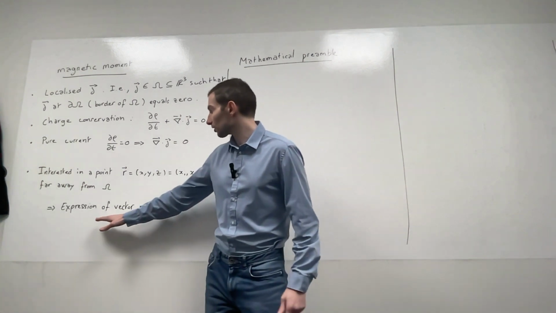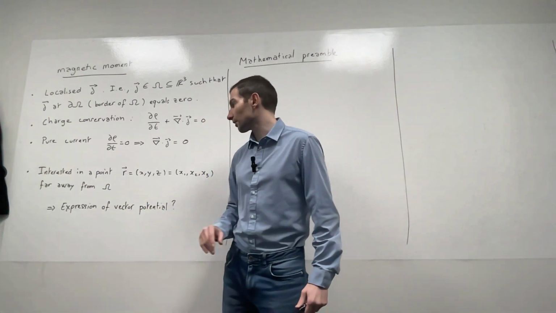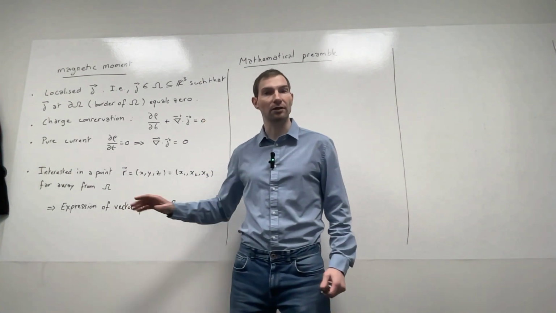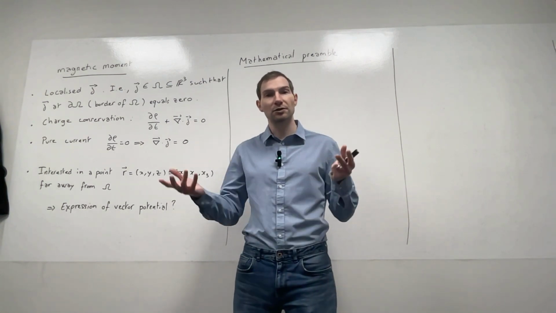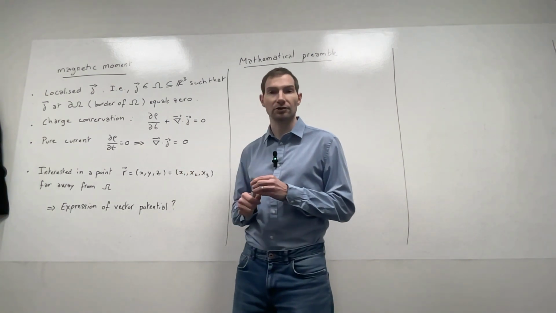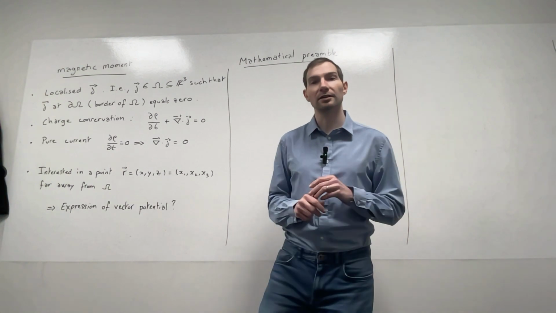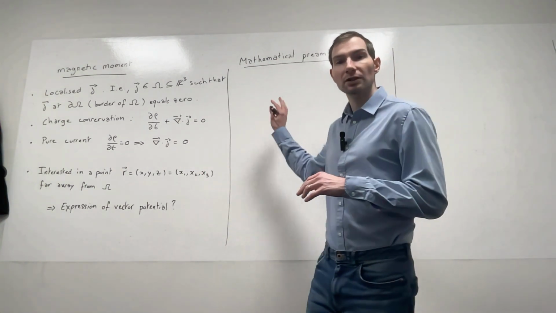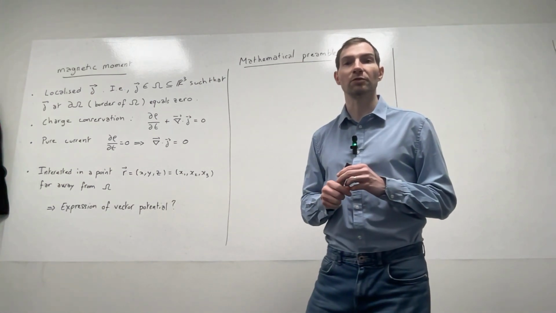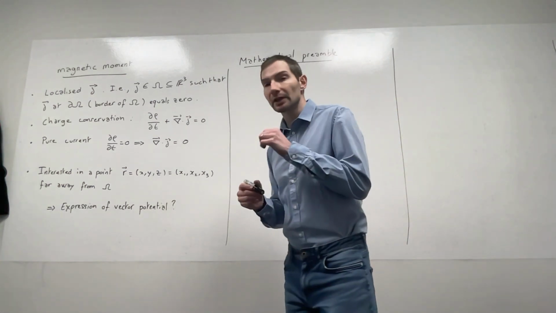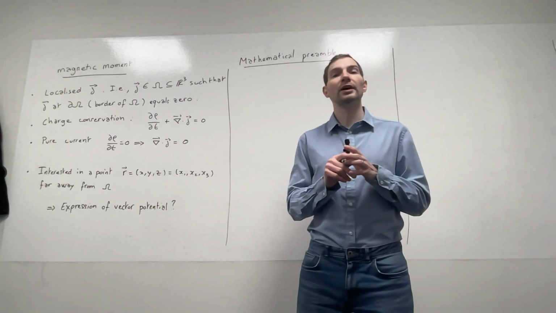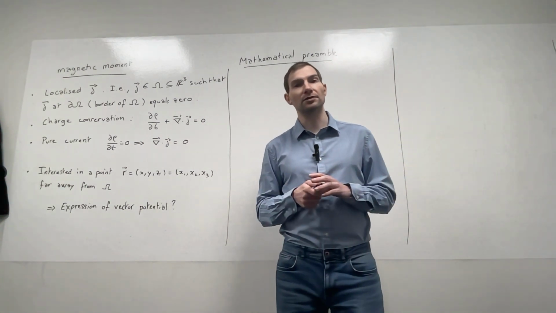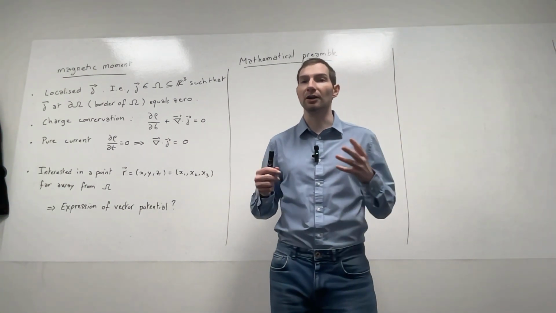And finally, we are going to try to find a simple expression for the vector potential. Okay, so those are the conditions that we are working with, and that's what we are going to use in this kind of preamble here. By the way, there's no reason to claim that this is my own.